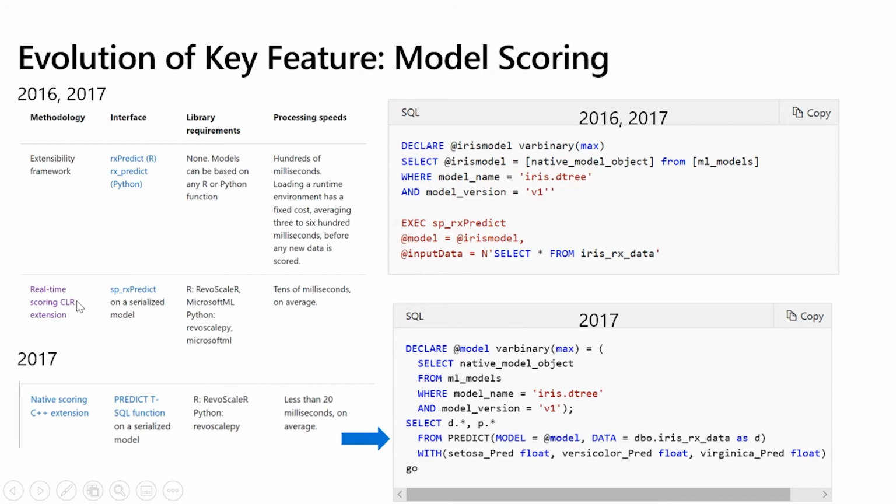Then we also added real-time scoring CLR extension through the stored procedure RxPredict, so that you could use your standard packages of R, use any extended algorithms from R, as well as for Python. Those are shown here. And then in 2017, we added native scoring for the C++ extension. On the right here are the examples you can review for your own use.